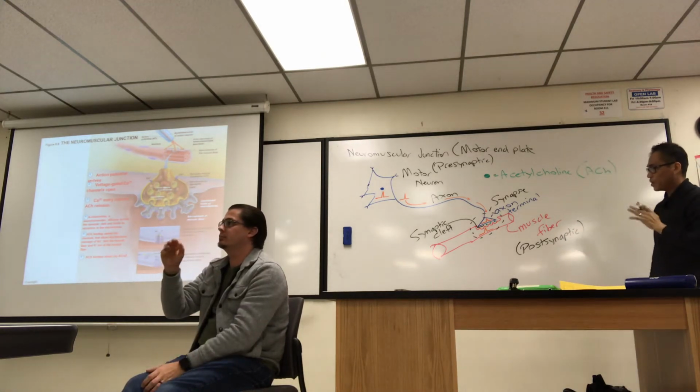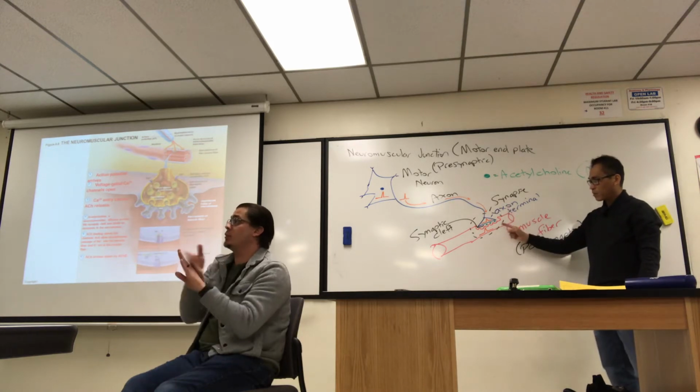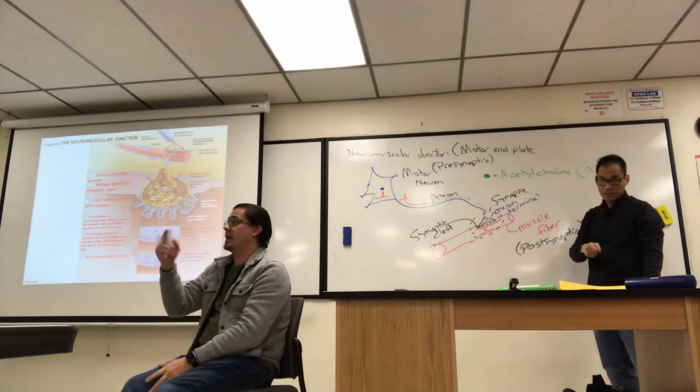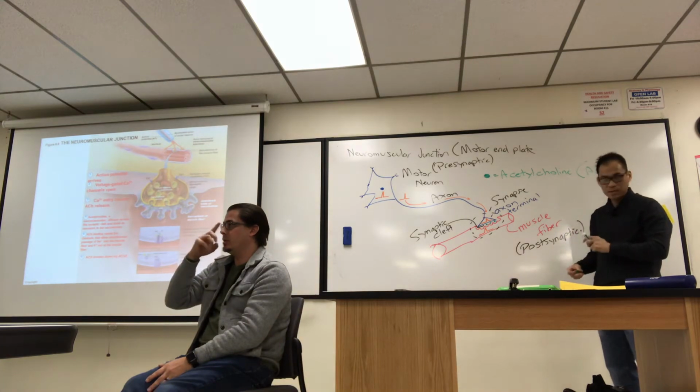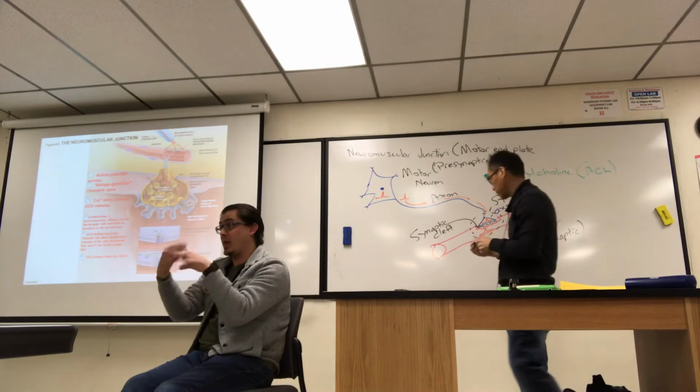So there's a chemical communication between the presynaptic and postsynaptic cell. That chemical is ACH, and the details you must know. So the details of that are shown here. Let me go through the steps.